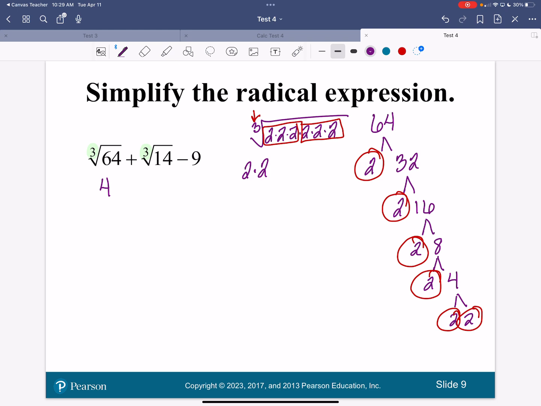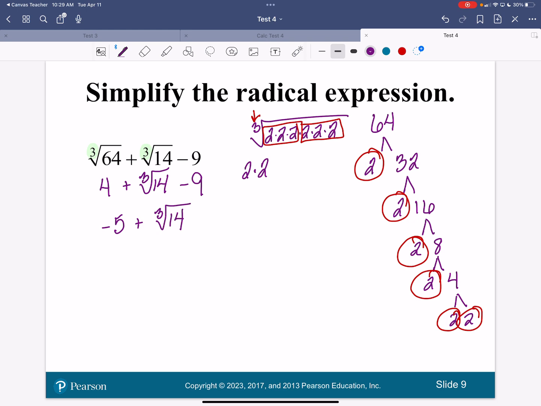Now, 14 breaks down to 2 times 7. Can I break that down any more? No. So I just have to leave that as the cubed root of 14. I can't do anything else there. And then I've got minus 9. 4 and negative 9 are like terms. That gives me negative 5 plus the cubed root of 14.